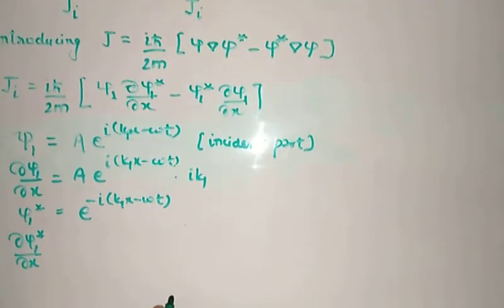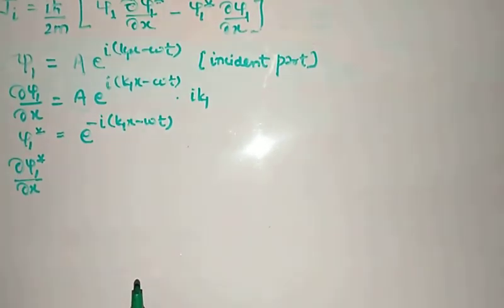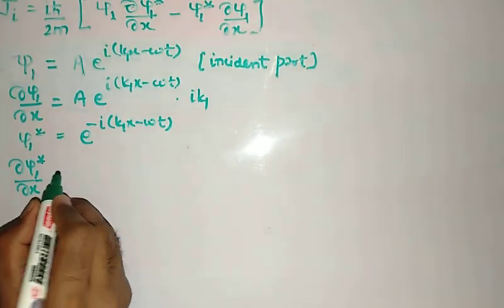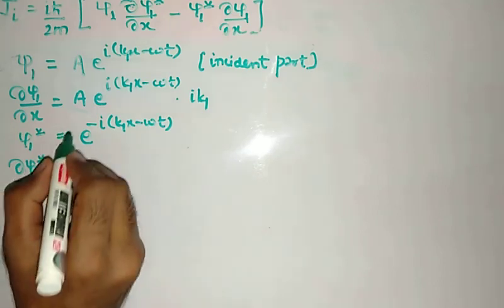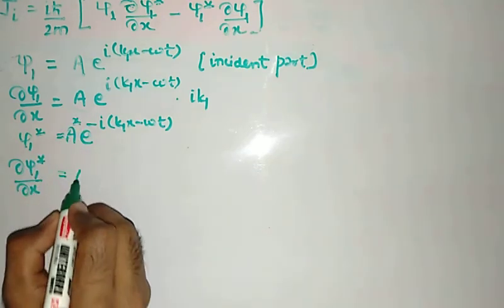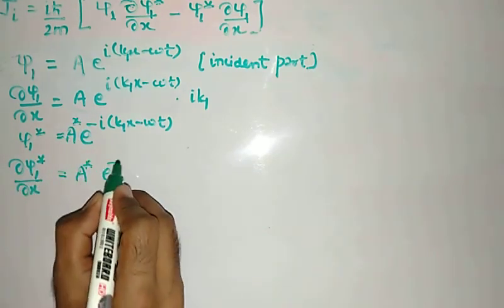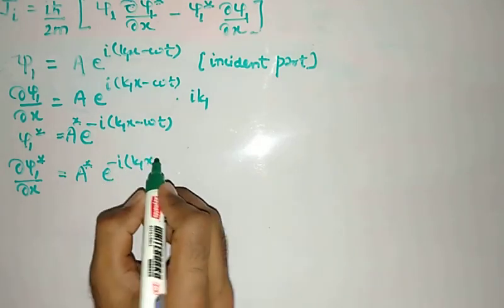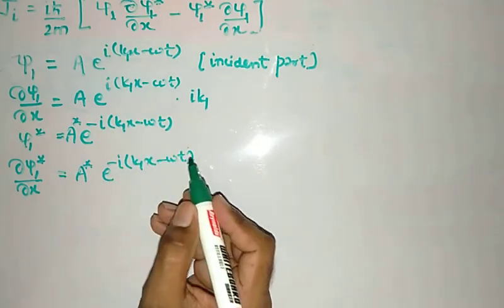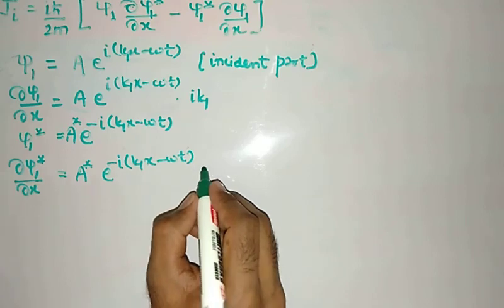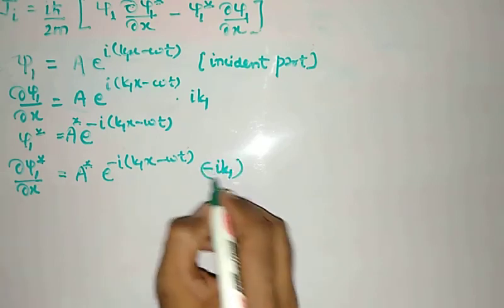Differentiating this again, we see this is a star e to the power minus i(k1x minus omega t), with a factor of minus i k1 for this function.